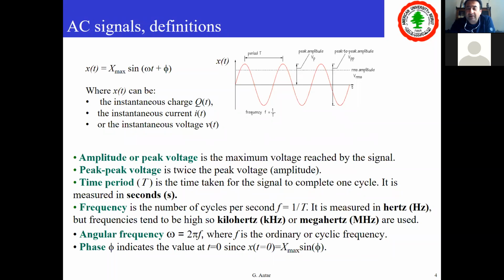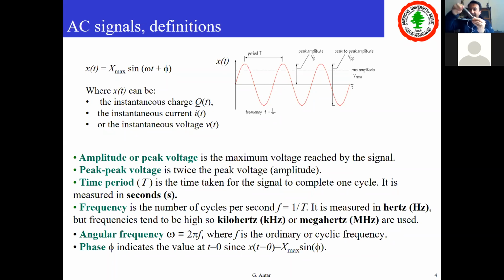I'm going to go quite rapidly over the characteristics of the sine waves. So we have the amplitude, X max, which is the maximum value. We have omega, which is equal to 2 pi f, the angular frequency. We'll come back to that in the phasor diagram. Basically, if you have a circle, it really refers to the angle with respect to the x-axis. That's your x-axis, and that's your angle here, okay.